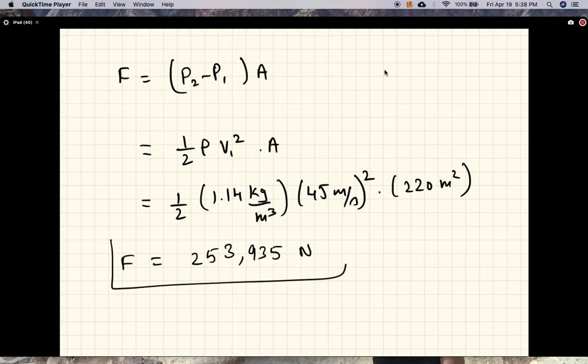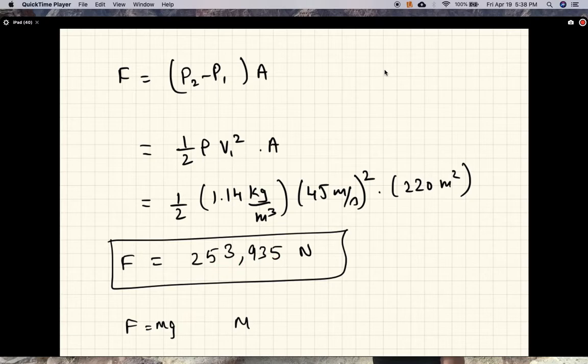Okay, so that's the Bernoulli force. And now let's get a sense for this. So force is mg. So m is this number divided by 10.